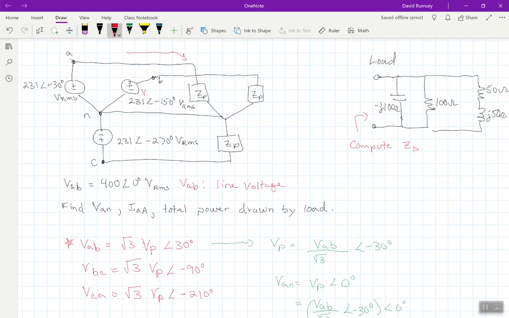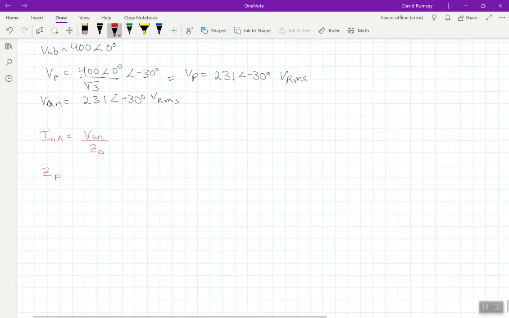Now what we can see is these three kind of components here. Now when I say three, I'm kind of combining these two in a single component. These two are in series, but these three are in parallel here. So if I want to think about what ZP would be, it'd be 1 over negative J100 plus 1 over 100 plus 1 over 50 plus J50, and then that whole thing to the negative 1 power.